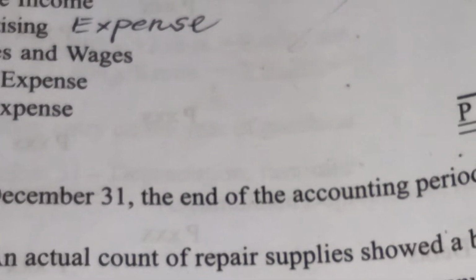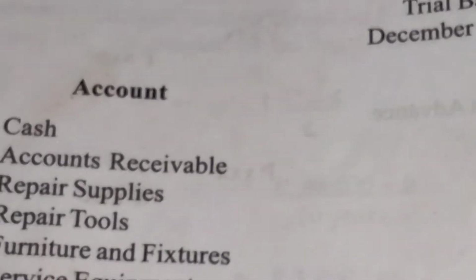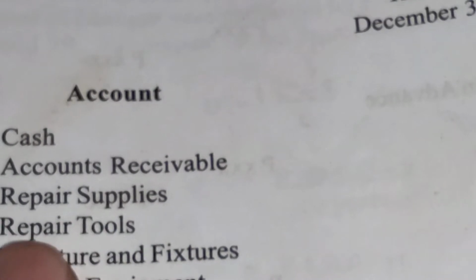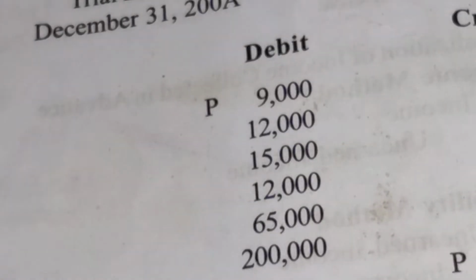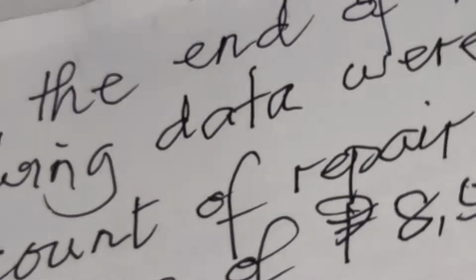Okay, this is the first adjusting entry. An actual count of repair supplies showed a balance of 8,500. Your repair supplies in the trial balance are 15,000. On December 31, the end of the accounting period, the following data were taken. That is adjustment number 1.